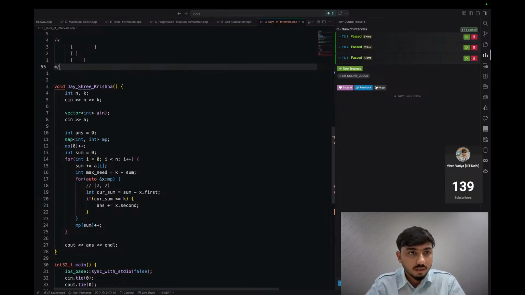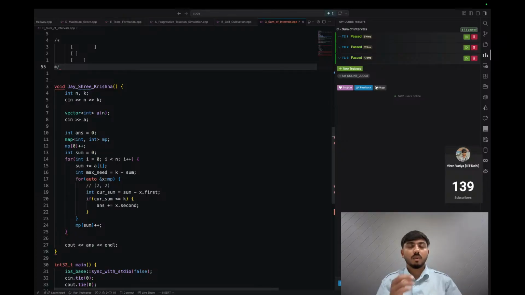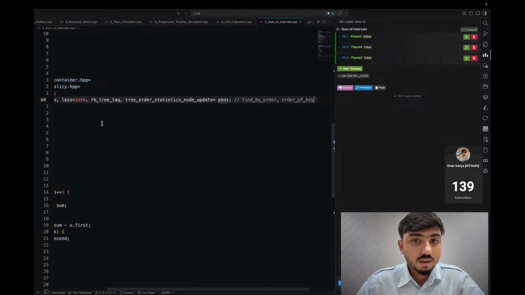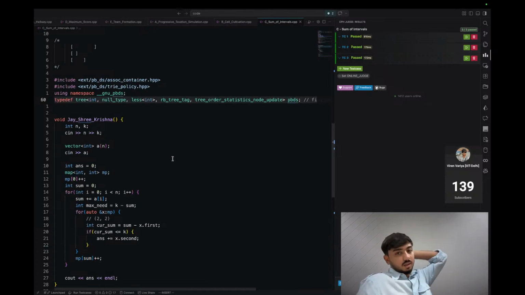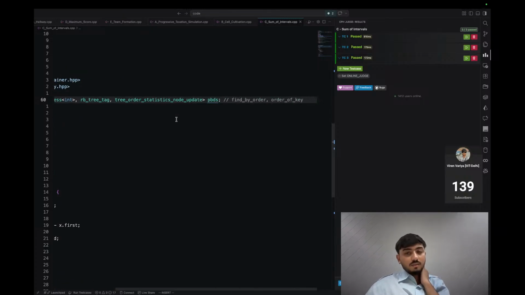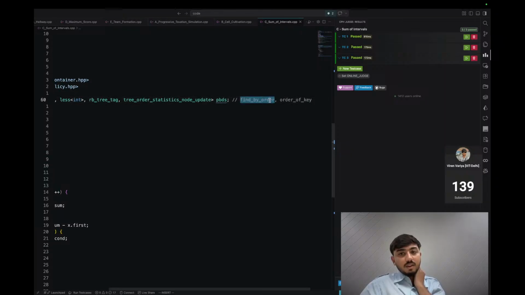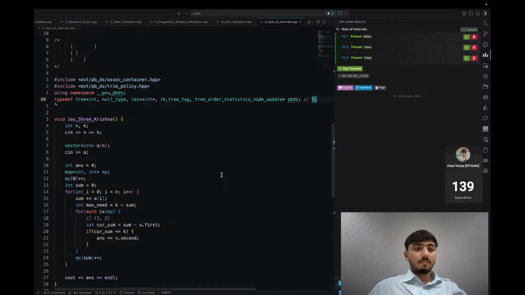There is one, a policy based data structure. This is actually a set which gives you an index, find by order, order of key. A multi-set, right?